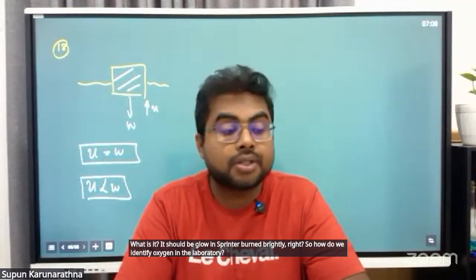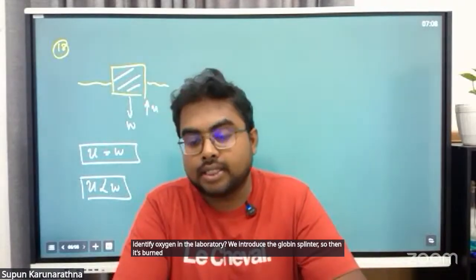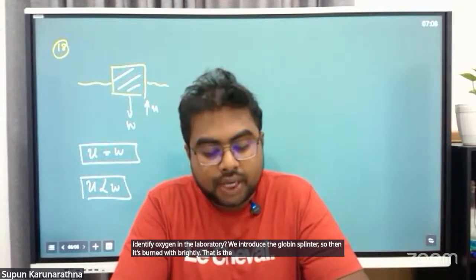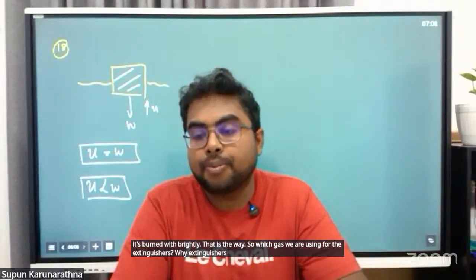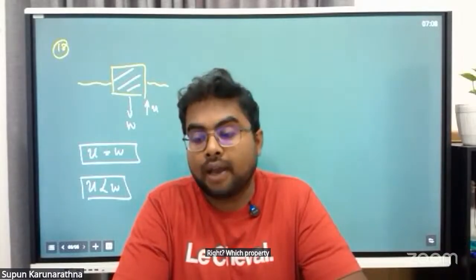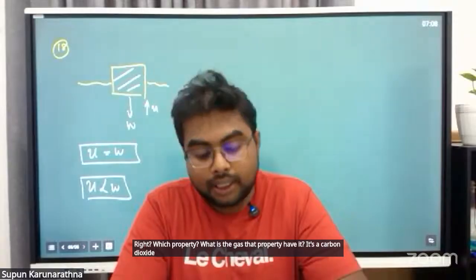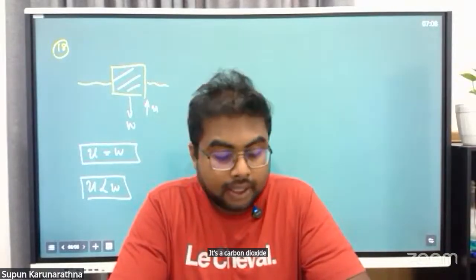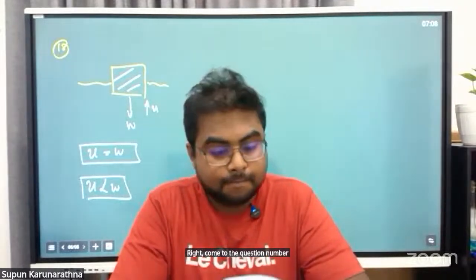We introduce the glowing splinter, so then it burns brightly. That is the way. Which gas do we use to extinguish fire? Which gas has that property? It's carbon dioxide gas.